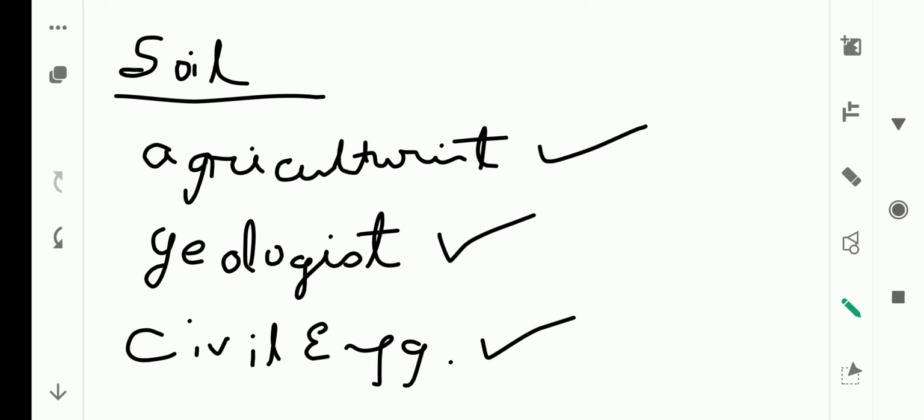So let us see, for an agriculturist, soil means the top layer of the earth which is responsible for supporting plant life. So just the top layer containing the organic matter, that is what is soil for an agriculturist. But for a geologist, soil is the thin outer layer of loose sediments within which plant roots are present. So till the point at which the plant roots penetrate, that is what is soil for a geologist.